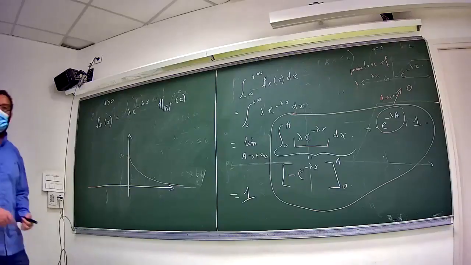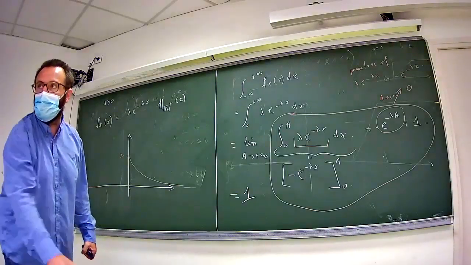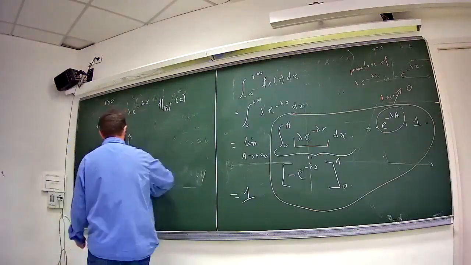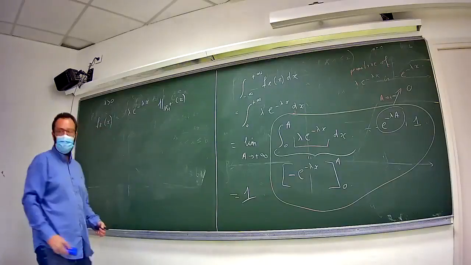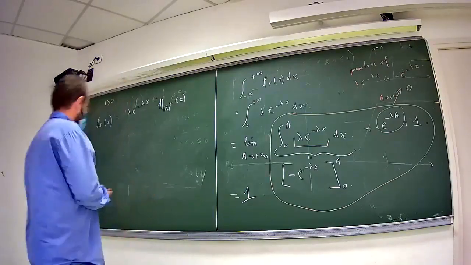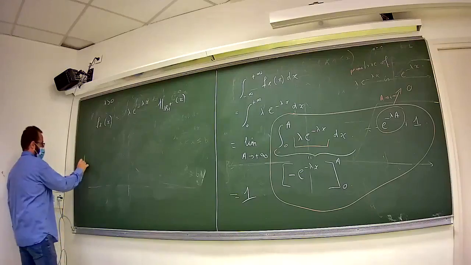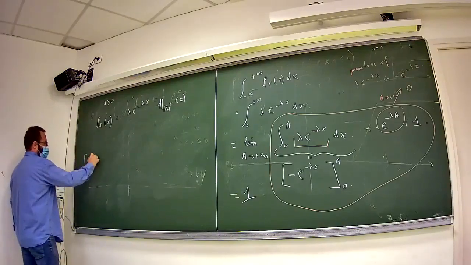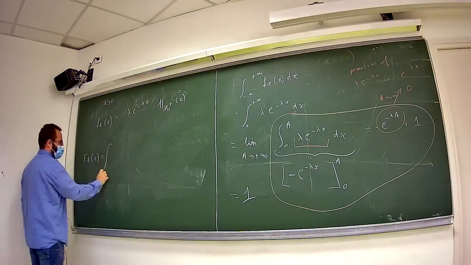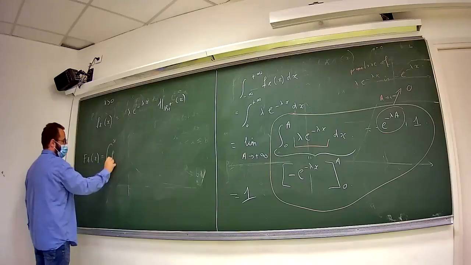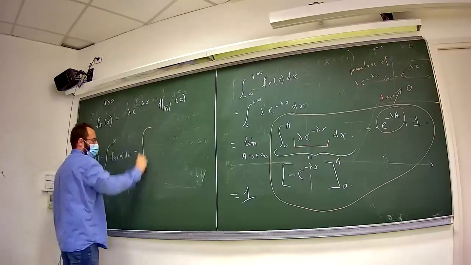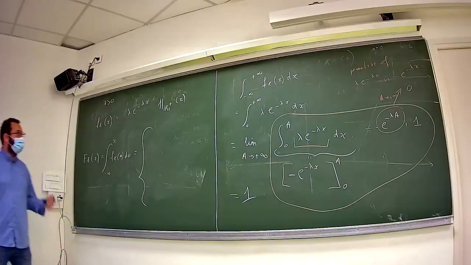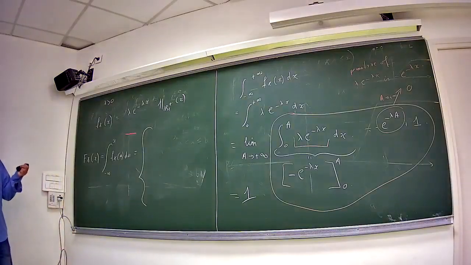Now we are going to have a look at what the related distribution function is. From the definition of a density function, the distribution function is obtained this way. Once again, we are going to consider cases, because I have different values depending on the cases.